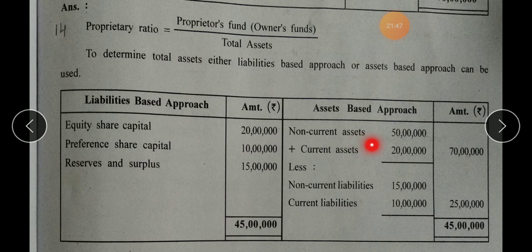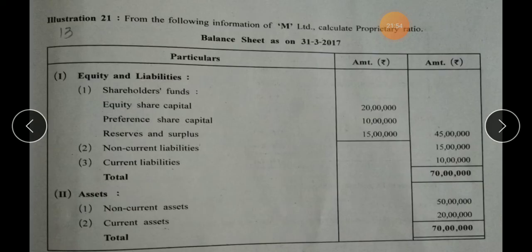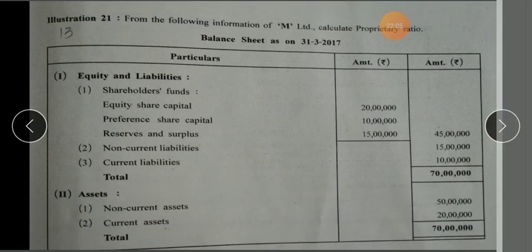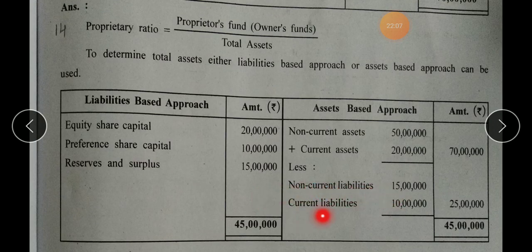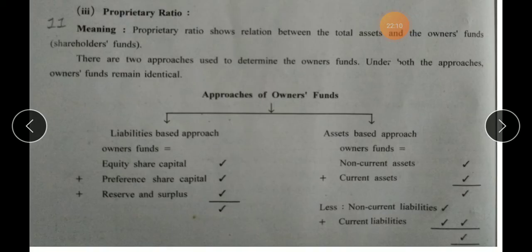So non-current assets plus current assets, total assets 70 lakh. Less non-current liabilities 15 lakh and current liabilities 10 lakh. So we have presented that here as per the assets based approach.